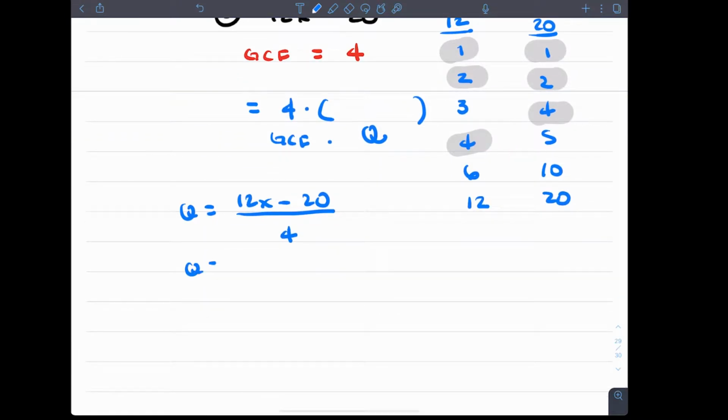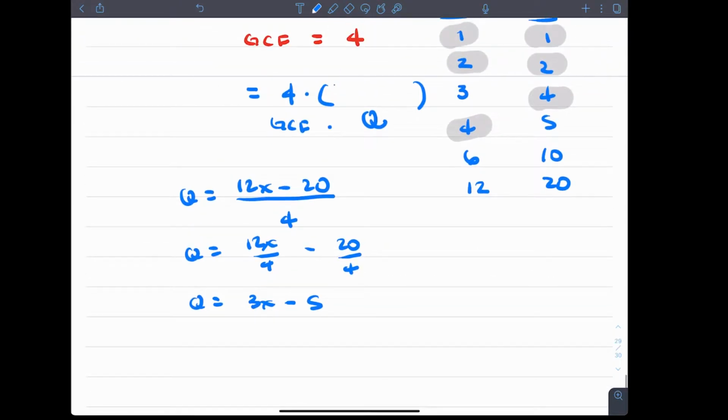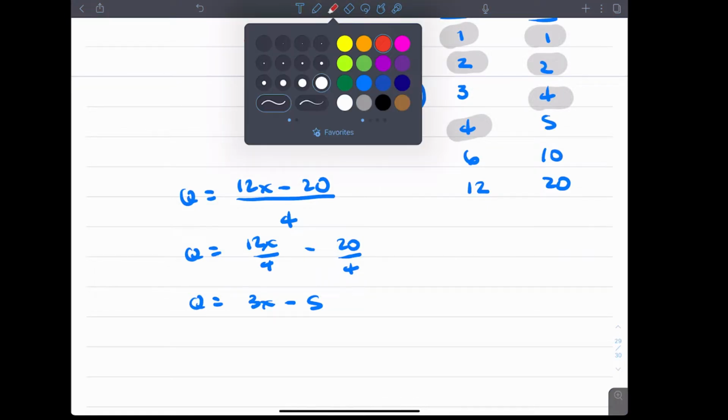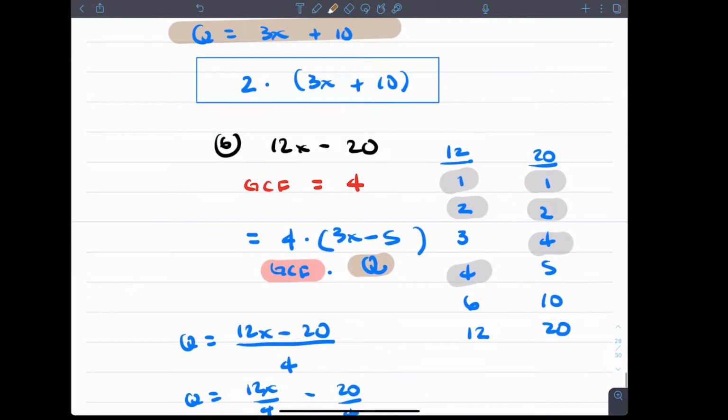And 12x over 4 minus 20 over 4. That's going to be what? 3x minus 5. So you get 3x minus what? 5. GCF. And what do we call this? The quotient.